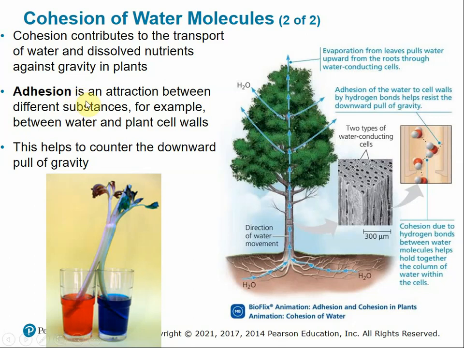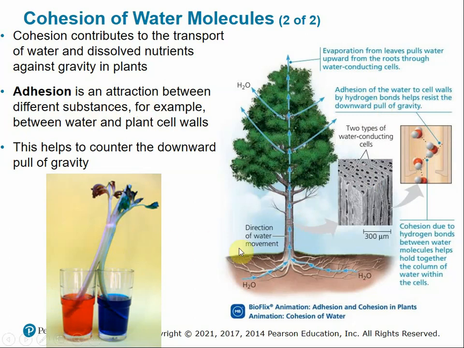Adhesion is where the water molecules are attracted to a different substance or surface. An example would be the water and the plant cell walls. This helps the water overcome the power of gravity and make its way up the tree. This figure is showing the different colored dyed water making its way up to the top of this celery stalk.